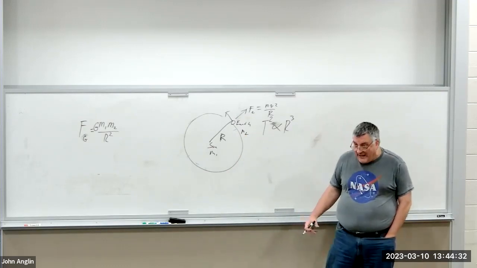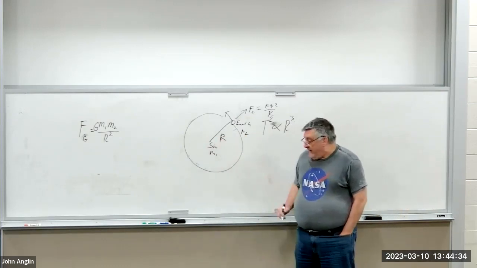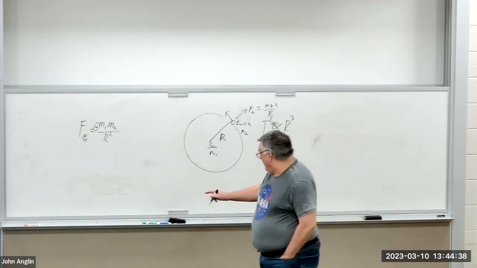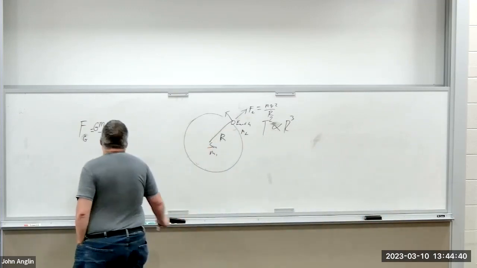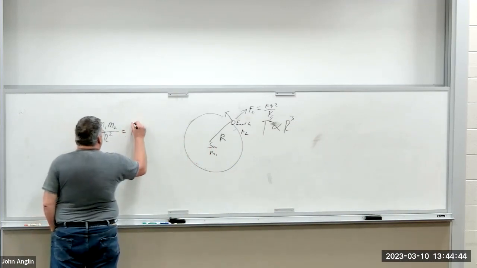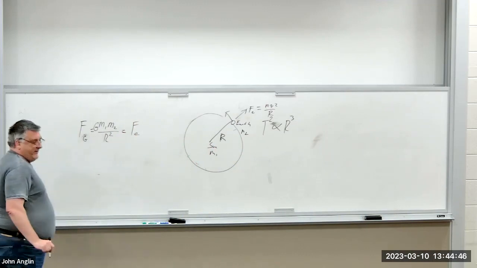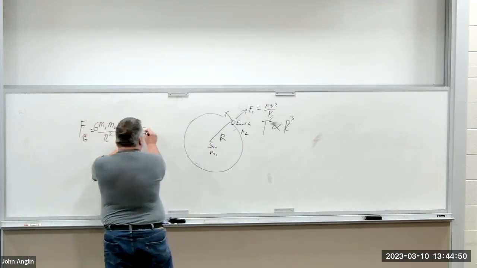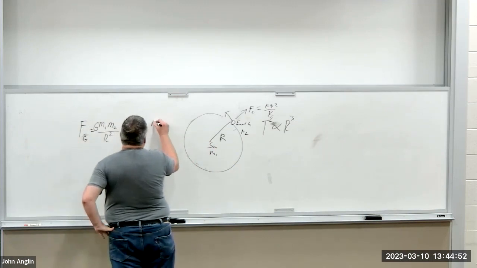Suffice to say, we can. And we know the force due to gravity. So now what we have to do to solve Kepler's problem is we say, well, those forces have to be balanced, right? Our gravitational force has got to equal our centrifugal force.